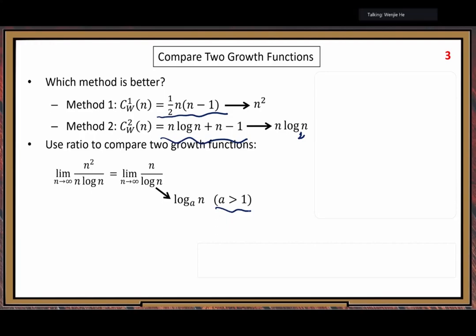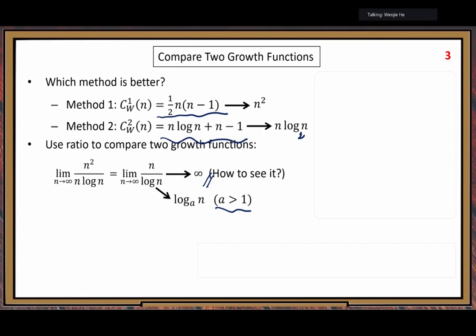If a is less than 1, we get a negative function, and we don't want that. So we assume a is greater than 1. And this limit is infinity. Can you see it? When n goes to infinity, the limit of n over log n is infinity. How to see it?